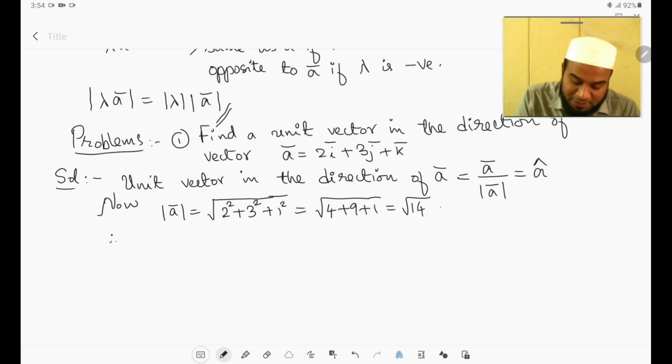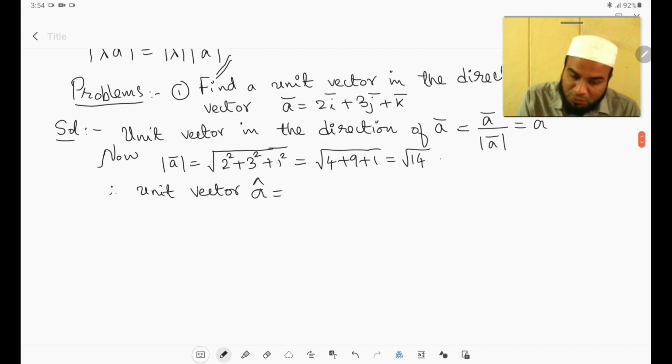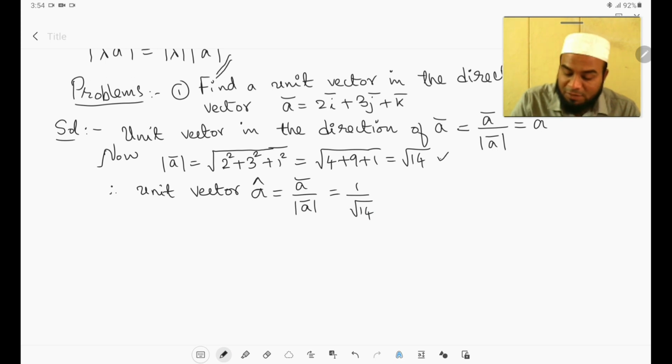Therefore the unit vector a cap equals a bar by mod a bar, which is nothing but 1 by root 14, since the magnitude of a bar is root 14.